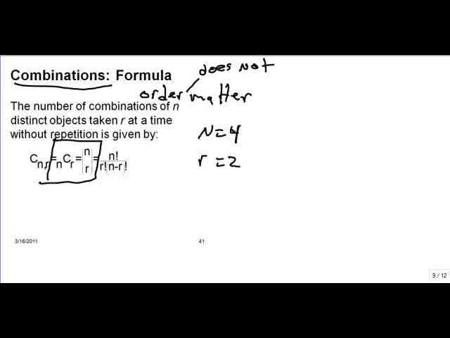So I also like to use the analogy of playing poker. For those of you that are interested in playing poker, if you're up there at Central City playing poker, and you're dealt your 5 cards, and you pick them up and you look at them, and you happen to notice that you have an ace, king, queen, jack, 10 of diamonds, then you notice that you have a royal flush, which is the highest hand in poker.